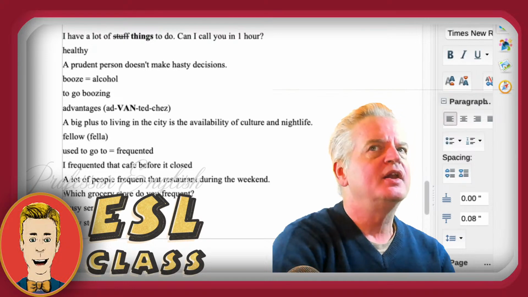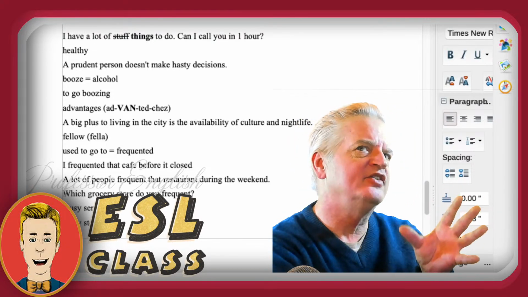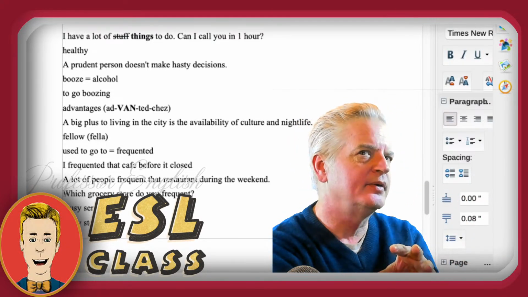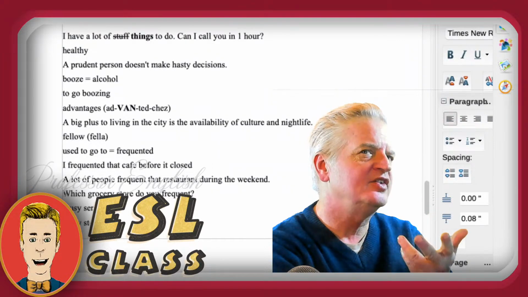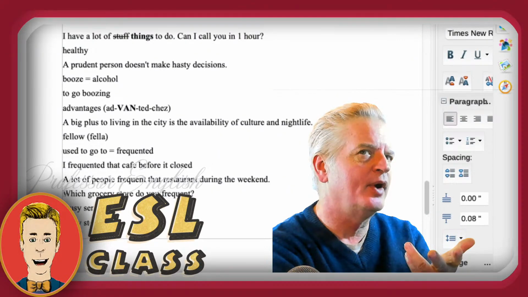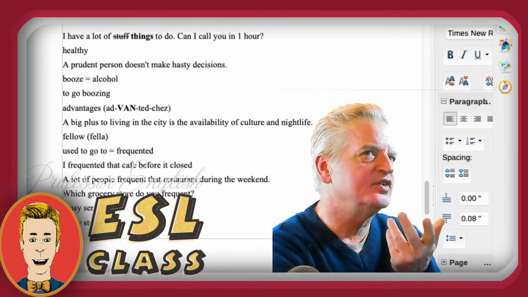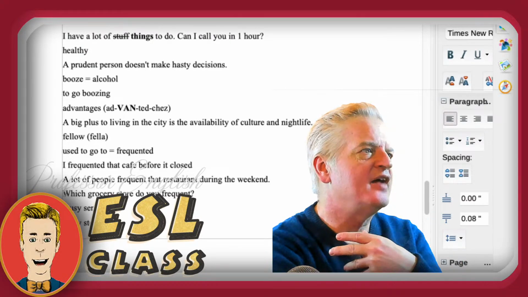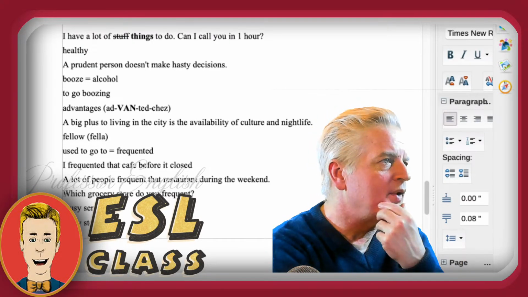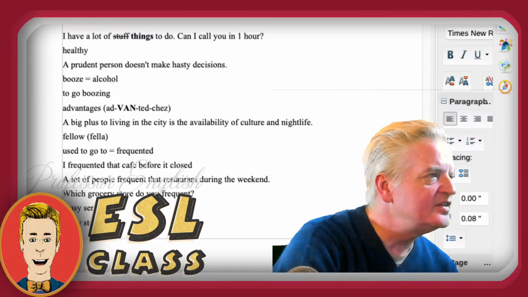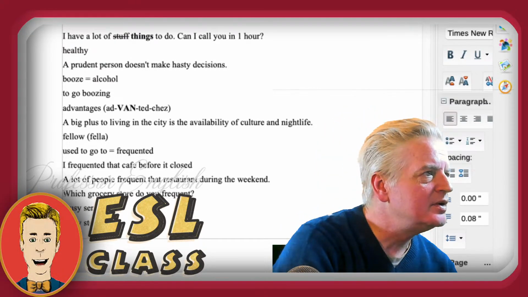Okay, now in this exercise, we were just changing one word for another word. But also we were practicing something interesting about reported speech.